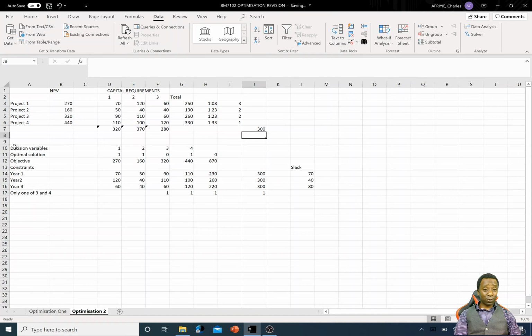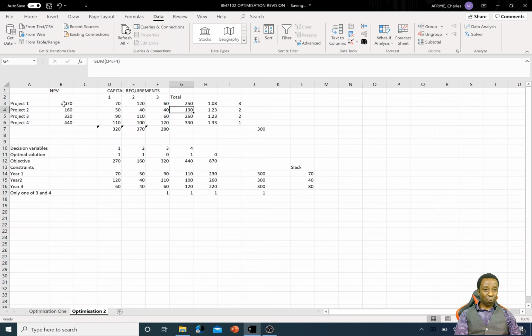Okay, so before we go into modeling in solver, why don't we just think about it in a very rational way? We can find the return on investment. For project 1, we're going to commit 250, project 2, 130, and so on. So we know the capital requirements. We can calculate the return by comparing the amount of money that goes in with the amount that comes out.